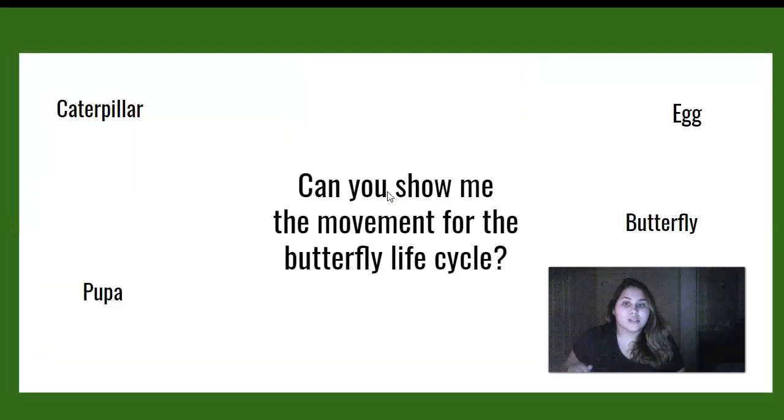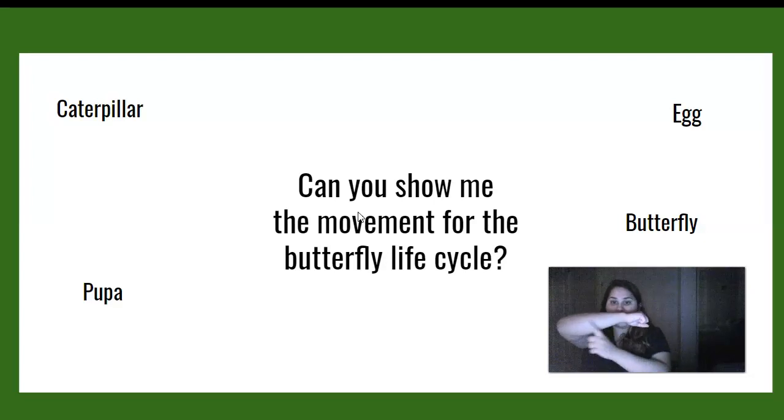Awesome. I'm going to make sure that we all know the motions to all the vocab words that we have today. So when I say the word pupa, what is our motion? Did you put your hands up? Awesome. Alright. And how about when I say the word caterpillar? Did you put your arm like that?